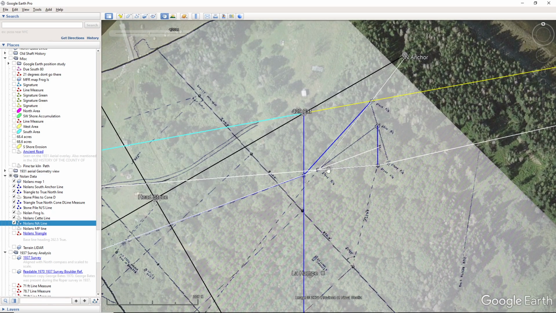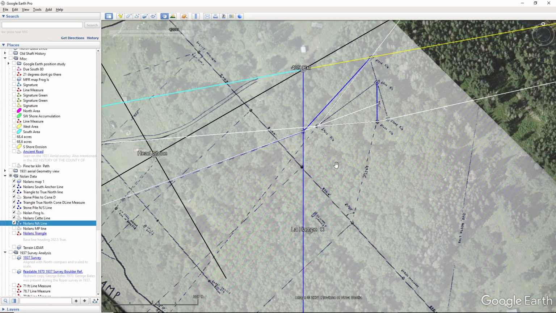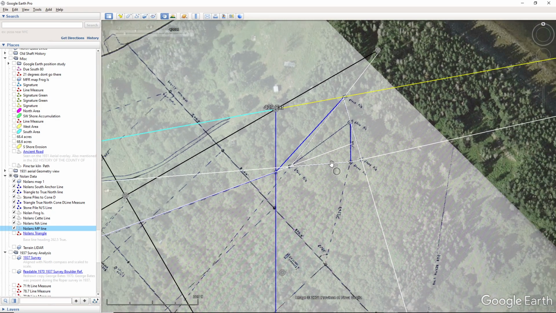So we have this going out to the north anchor, and that gives us a triangulation through all these triangles to where you can establish that north anchor.